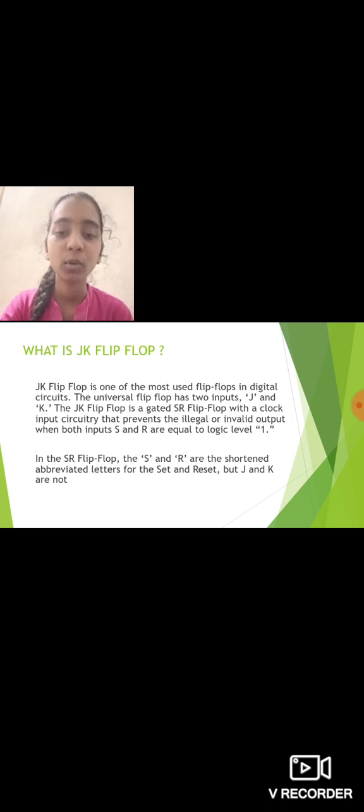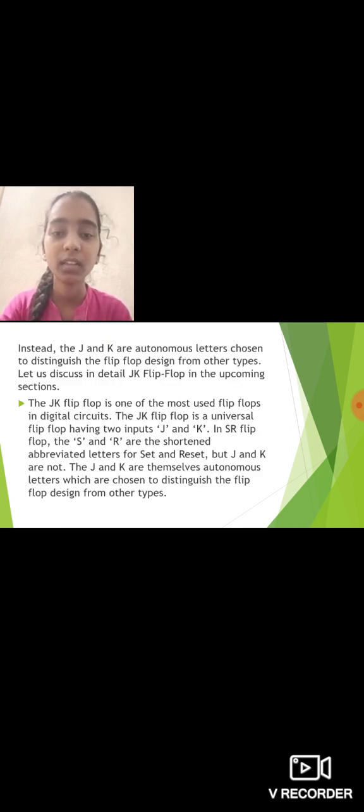In the SR flip flop, the S and R are shortened letters for set and reset, but J and K are not. Instead, J and K are autonomous letters chosen to distinguish the flip flop design from other types. Let us discuss JK flip flop in detail in the upcoming section.